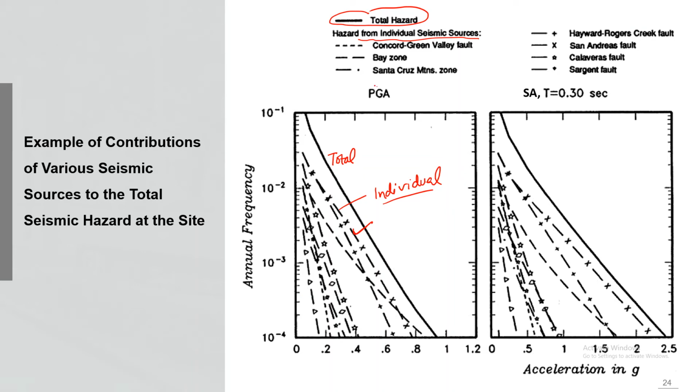This is for PGA, but this one is the spectral acceleration at, let's say, 0.3 second. The same information can be seen here, that the contribution of each of the faults towards the final hazard value can be quantified if you are given these individual hazard curves for different sources.